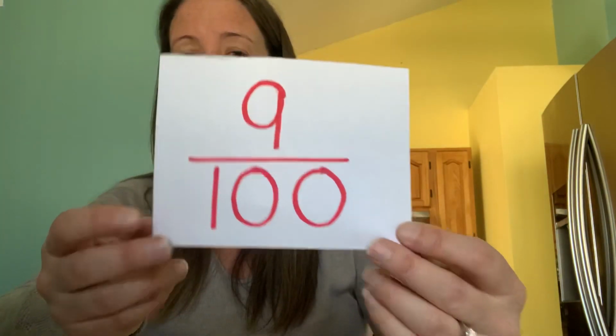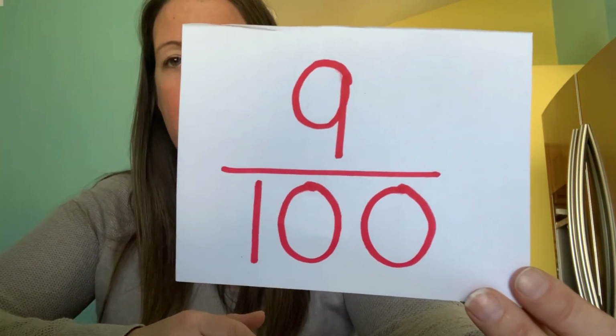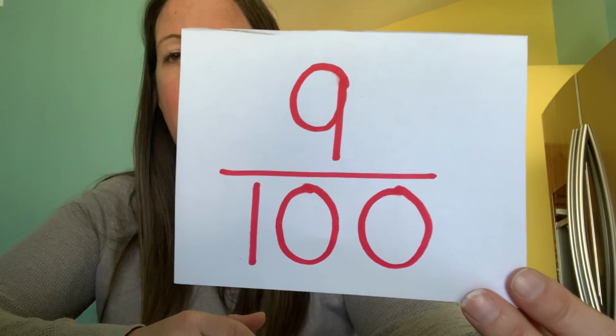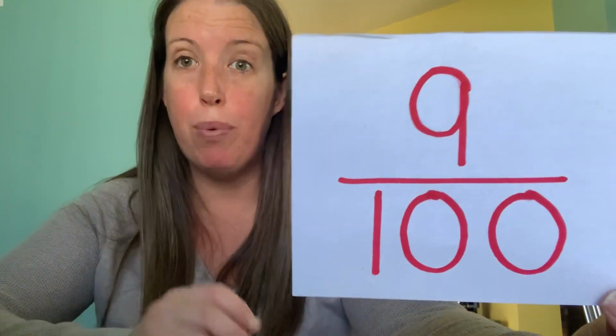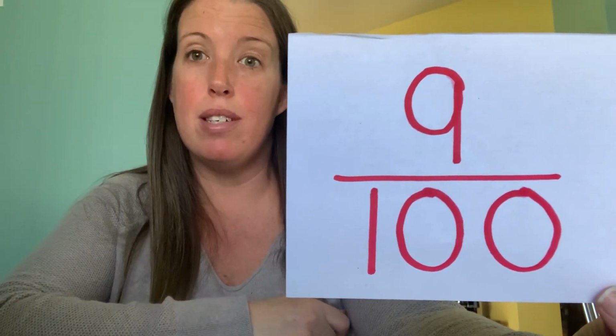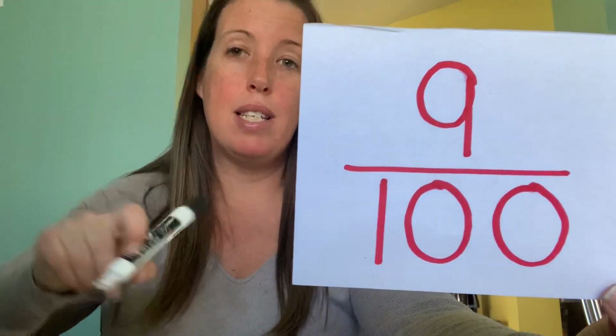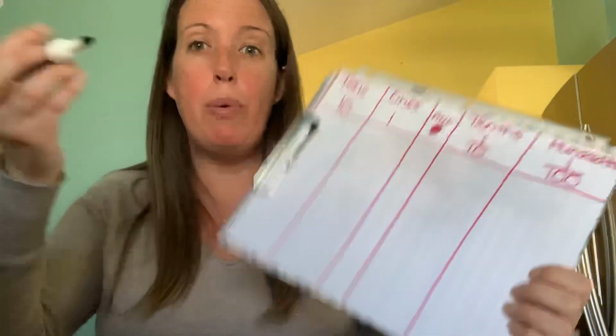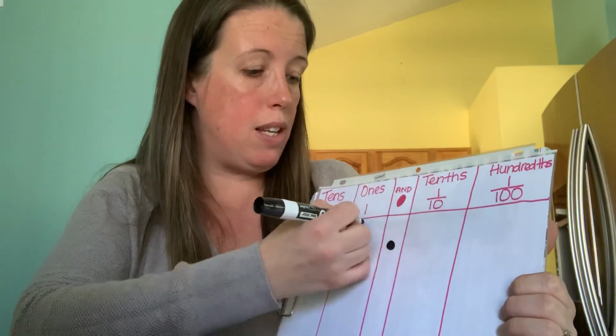Next up, Mrs. Burke always likes to introduce the tricky ones. Now for this fraction reads as 9 hundredths. Not tough to read, but this one does give a little trouble to students because right away they say, well, I know it's the number 9, which it is.